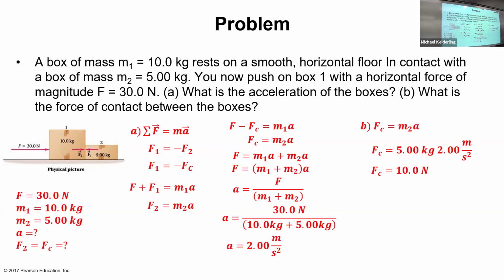If you do want to do it in general, you get force minus force contact equals mass 1 times acceleration, and acceleration equals force contact over mass 2. So we have force minus force contact equals mass 1 times force contact over mass 2.